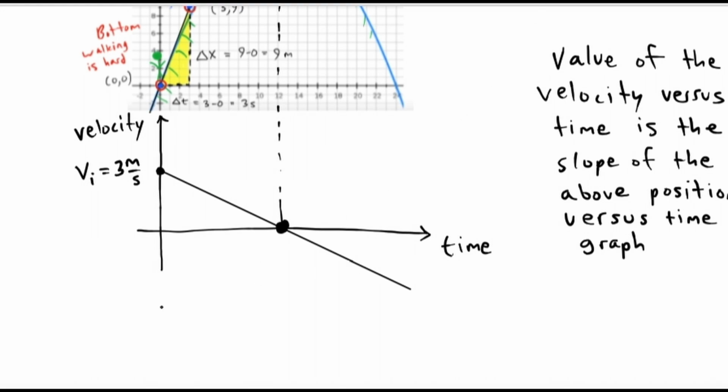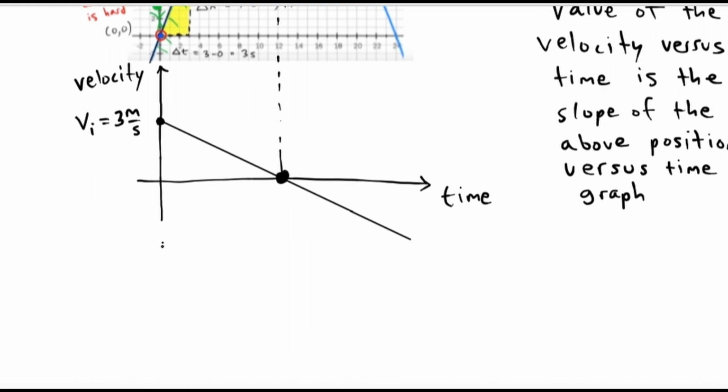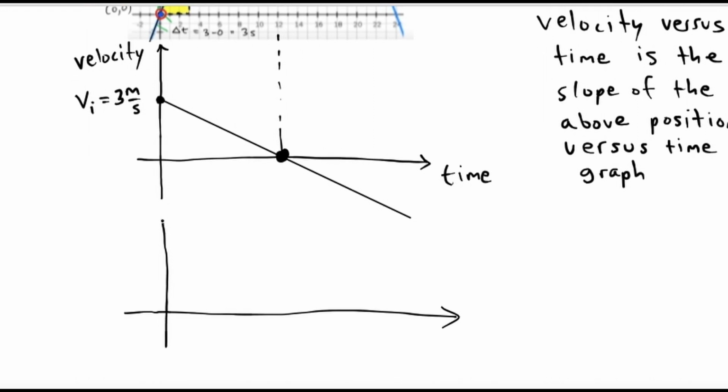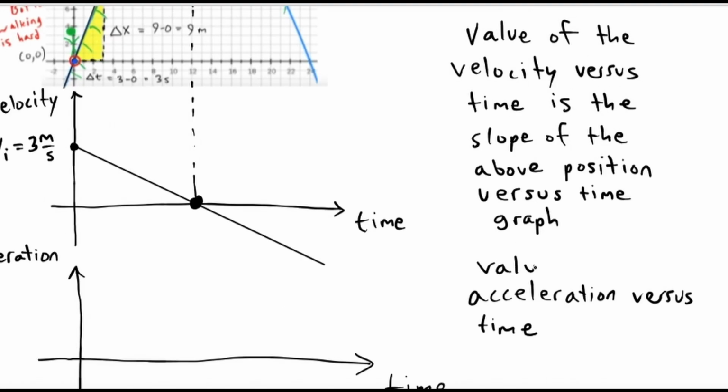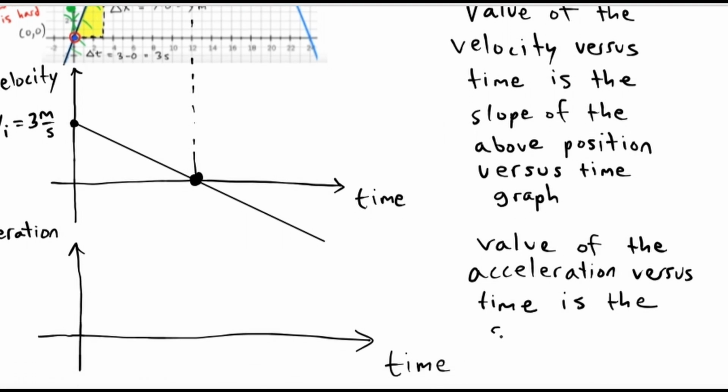And even if we go one step farther now, we can talk about a thing called acceleration. Acceleration is how your velocity changes with time. And you need the acceleration versus time. You need the value of the acceleration versus time graph to be the slope of the velocity versus time.